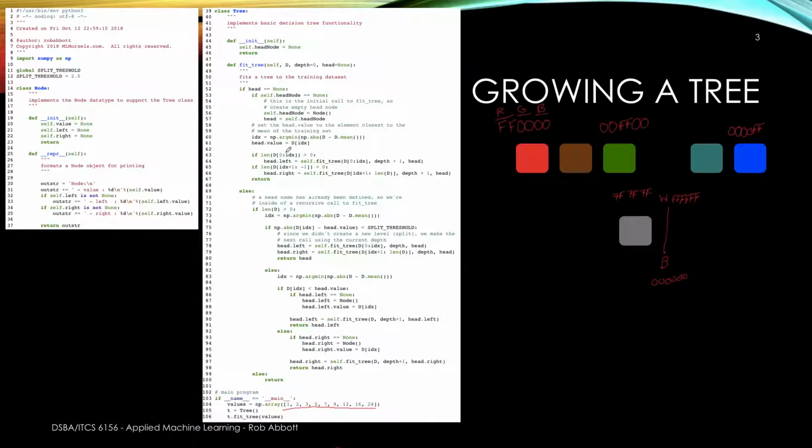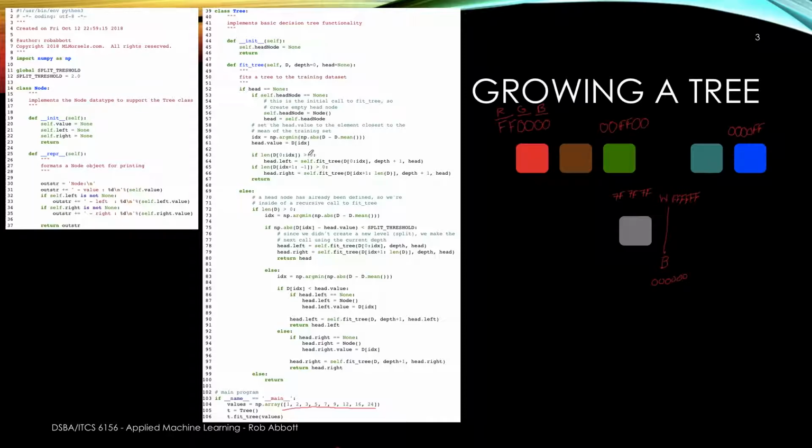If there are still values to the left of this mean value, I take a slice of the D that was passed in from 0, which is the first element, up to idx, which is the value that we just assigned to the head node.